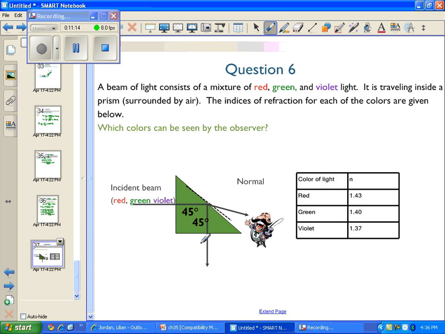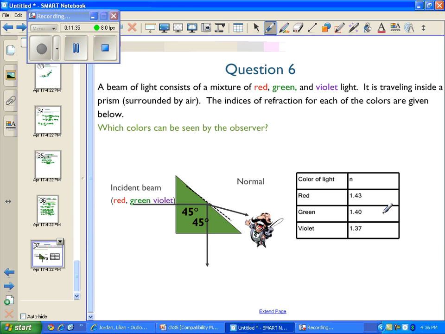Last question. Here we're told that a beam of light is a mixture of 3 wavelengths: red, green, and violet. It is traveling within a prism that is surrounded by air. The index of refraction is given for each of the wavelengths.